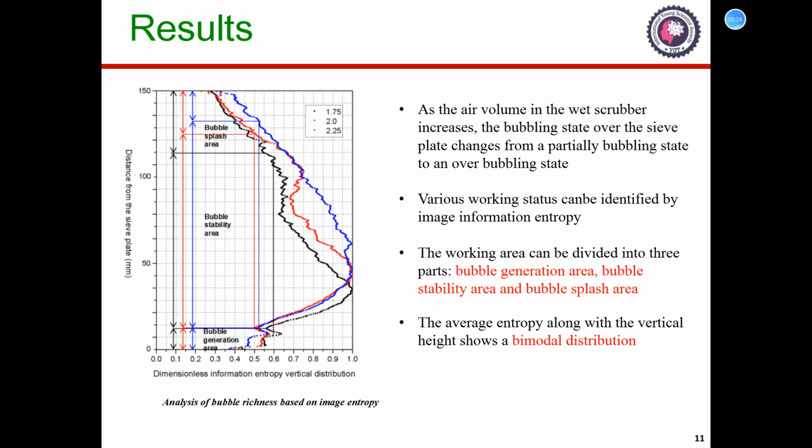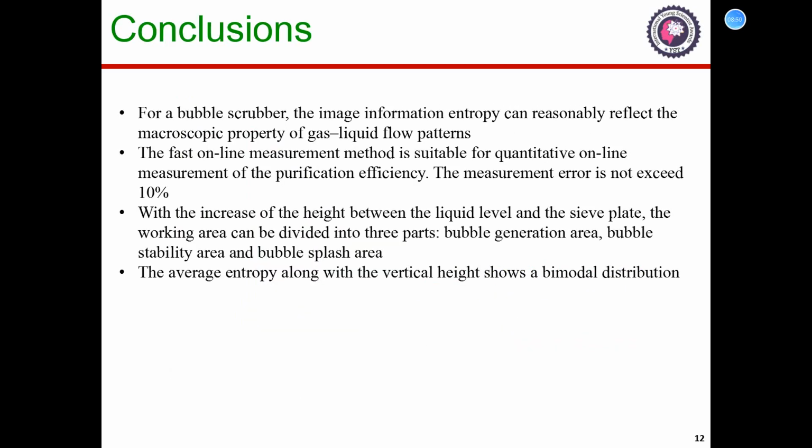And then we can divide the working area into 3 parts: the bubble generation area, bubble stability area, and the bubble spillage area. After we analyzed the data, we found the average entropy along the vertical height shows a bimodal distribution.